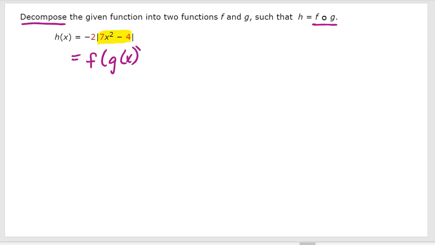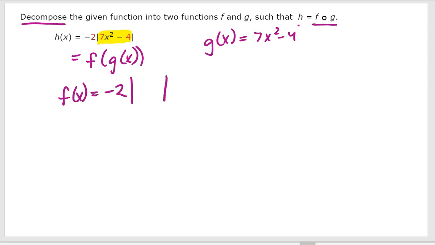So for example, I could let g of x equal 7x squared minus 4. And then I could write f of x is equal to negative 2, and I will just put x, because we know that I'm going to put this g of x in for x.